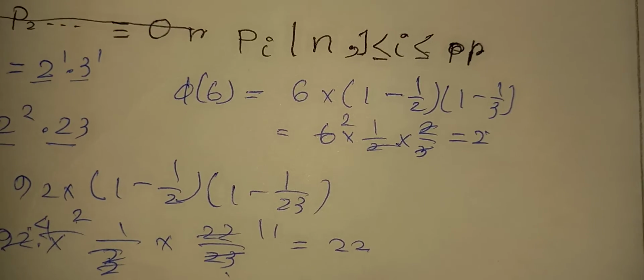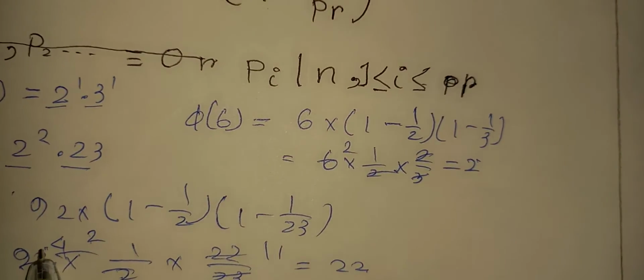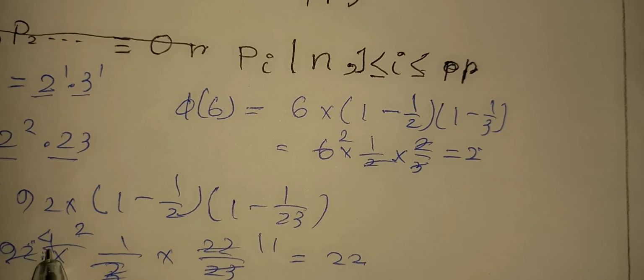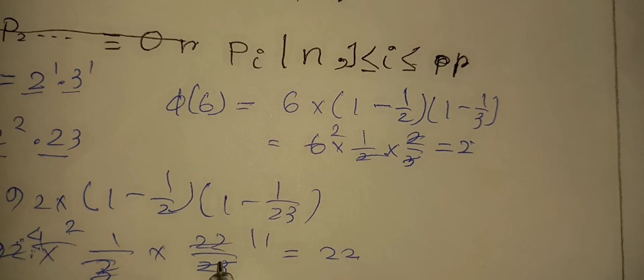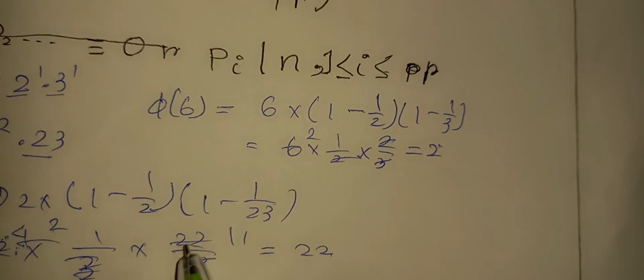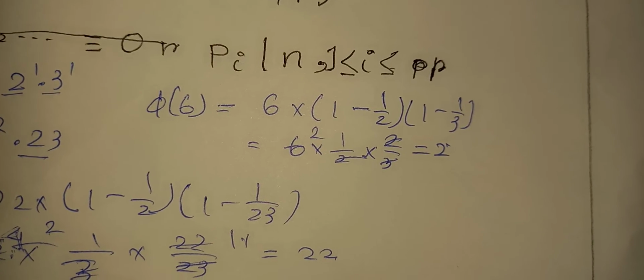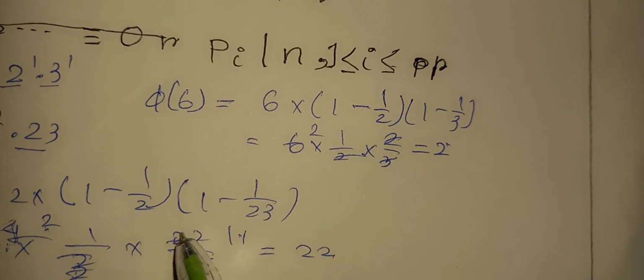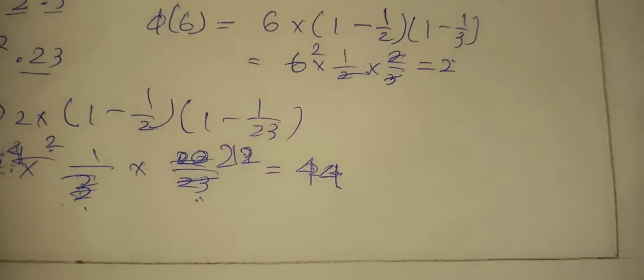It's 23 times 2, so 23 2s are, oh wait, this is 11. I first divided it, so 4 and this is 2. Why am I just dividing this? I made a silly mistake. So this is coming 44.